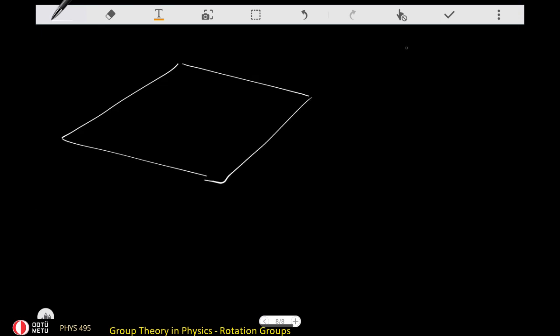There's also arbitrariness in the angle theta, because I cannot distinguish between a rotation by plus theta and minus theta. Think of it like this. Let's say that my axis is n, and I have a rotation where this vector is transformed to that vector v prime, and that angle is theta. I'm going to assume that theta is small. Let's say that this is 45 degrees.